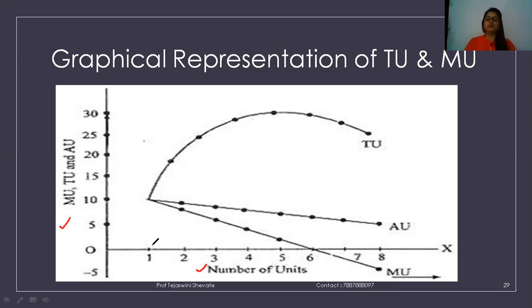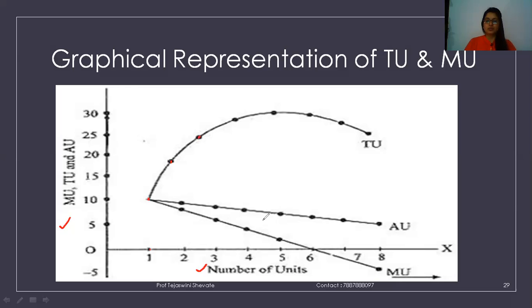First we will plot the total utility. When I consumed the first unit, I got total utility as 10. When I consumed the second unit, I got the total utility as 18, right? When I consumed the third unit, I got 24.